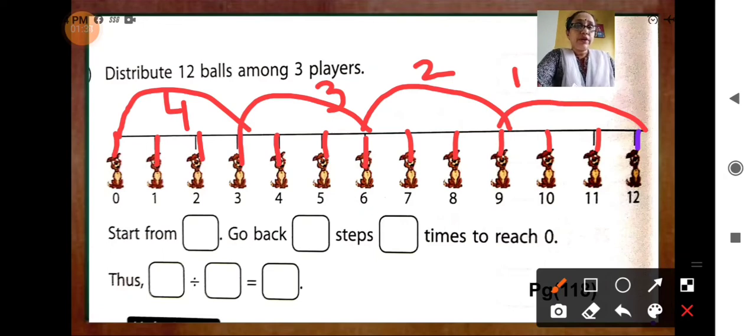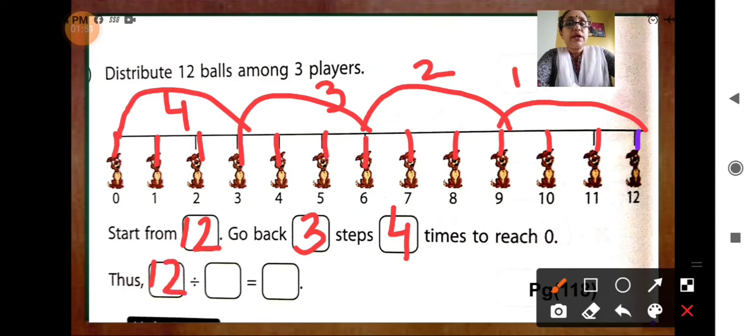Now what will we write? Start from 12, go back 3 steps, 4 times to reach 0. Thus, 12 divided by 3.